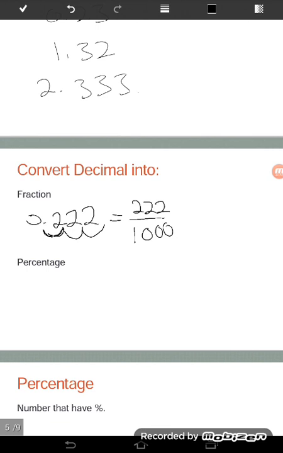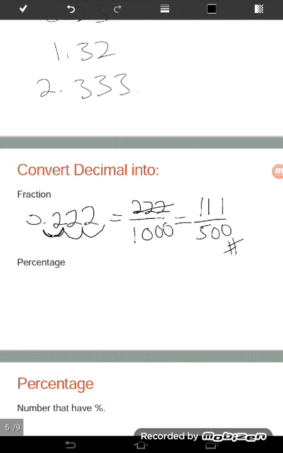So 222 divided by 1000, since 3 decimal places means 3 zeros. Simplify by dividing by 2: 222 divided by 2 is 111, and 1000 divided by 2 is 500. So the answer is 111 over 500.